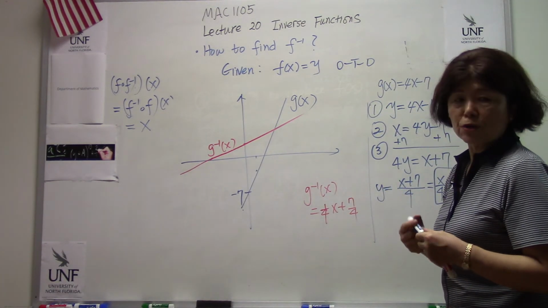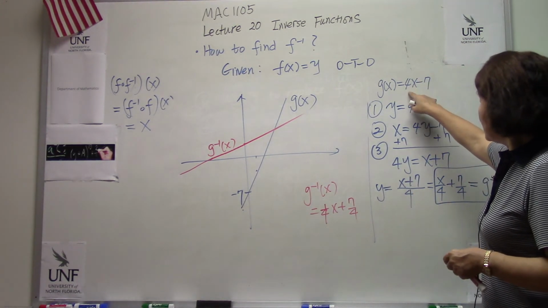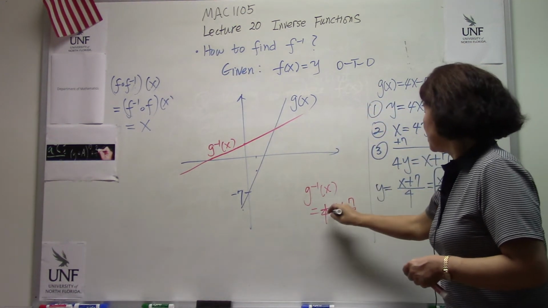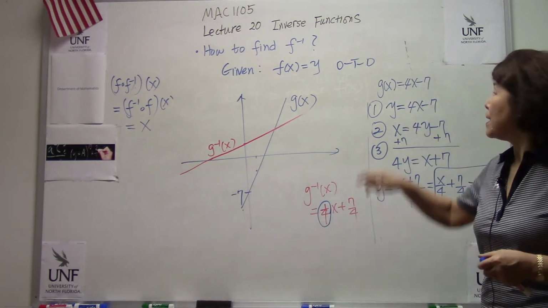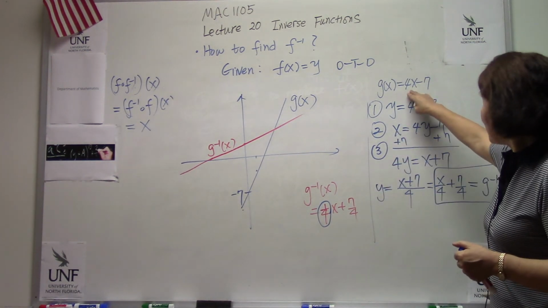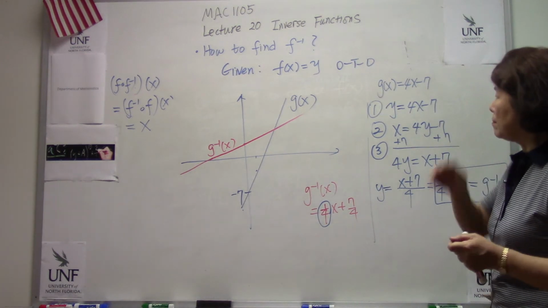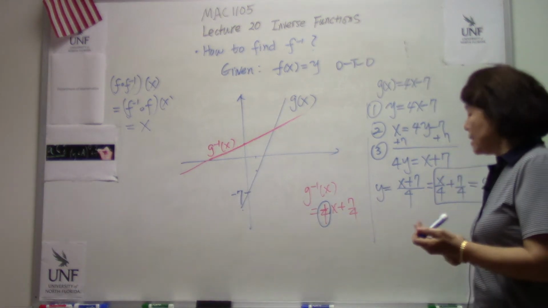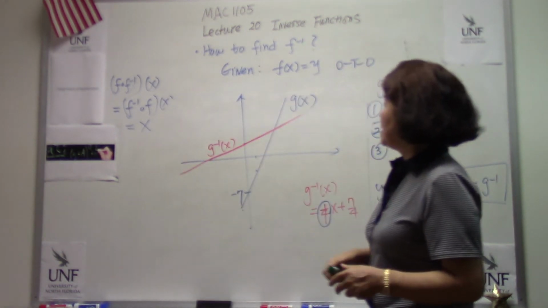First I want you to notice that if a function is a straight line, the inverse function has the slope that is the reciprocal. If this is 4, it's 1/4. If this is 1/2, it would be 2 over here. Another thing: is there any symmetry?